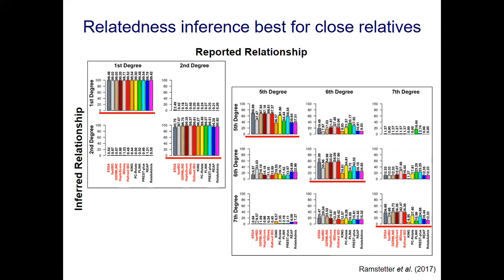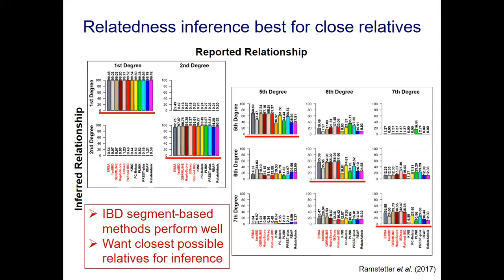From this analysis, we concluded, among other things, that the IBD segment-based methods, which are shown with red colors for their names, perform best compared to alternate strategies that don't detect these long segments that are shared identical between samples. And in addition, we concluded that, perhaps quite obviously, it's best to try to infer relationships using the closest possible relatives from the data.